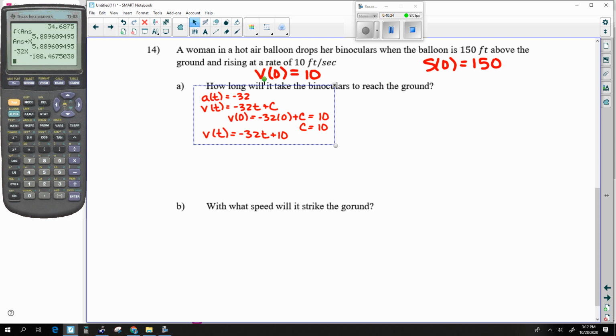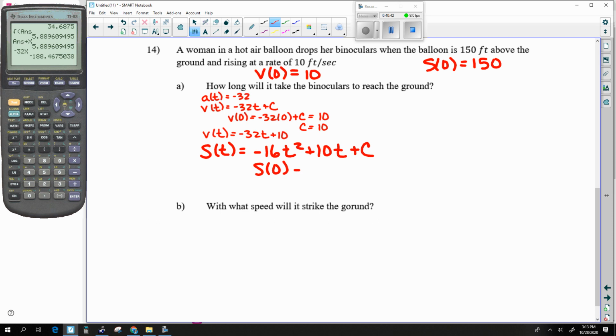Okay, that's our velocity, but we want to know position stuff. So again, take the integral. All right, and so there's our position. Put in that initial condition. So at time 0, we're at 150 feet above the ground.